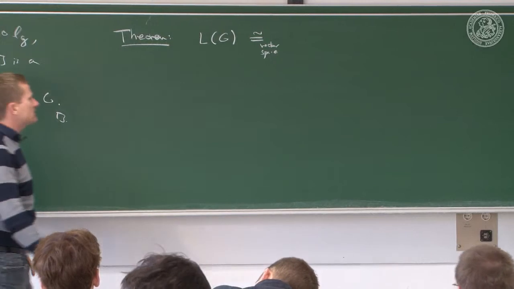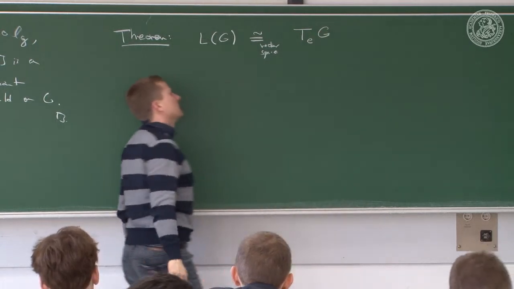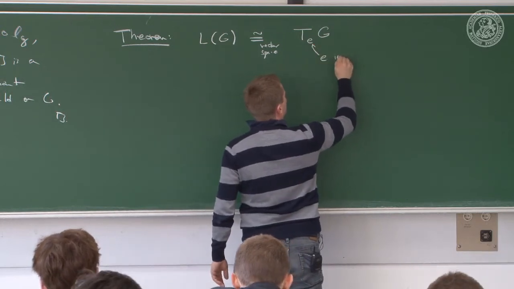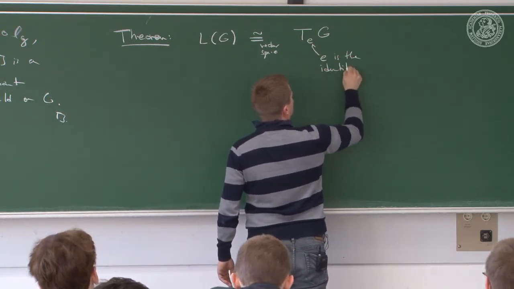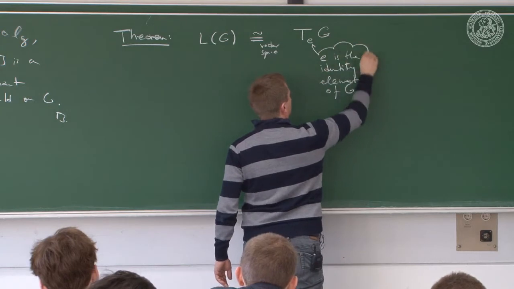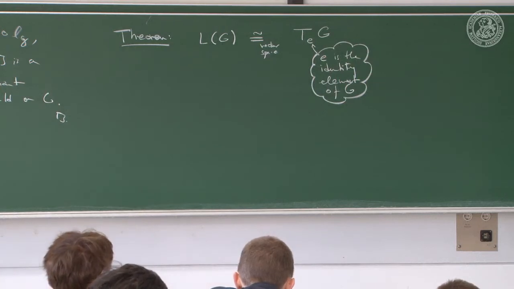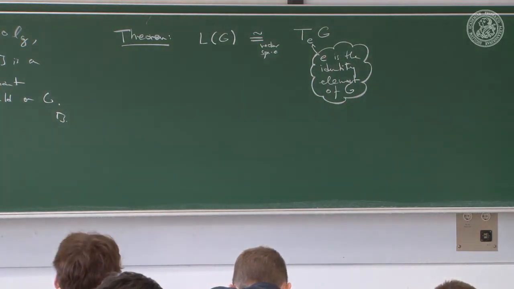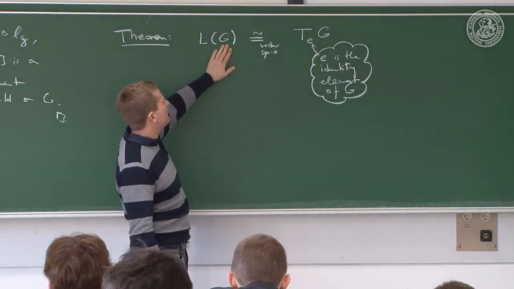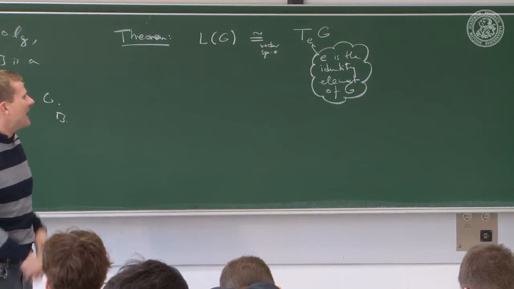It's isomorphic as a vector space to the tangent space to the group at the identity element. e is the identity element of G. G is a group, so it has an identity element. So this LG, these left invariant vector fields, this rather abstract notion of a left invariant vector field, well, actually there are as many left invariant vector fields as there are tangent vectors to the Lie group at the identity.